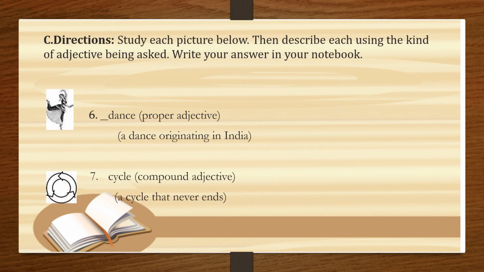And for letter C, directions, study each picture below, then describe each using the kind of adjective being asked. Write your answer in your notebook. So we have, look at the pictures. Number 6, we have dance, proper adjective, a dance originating in India. Number 7, look at the picture again, cycle, compound adjective, a cycle that never ends.